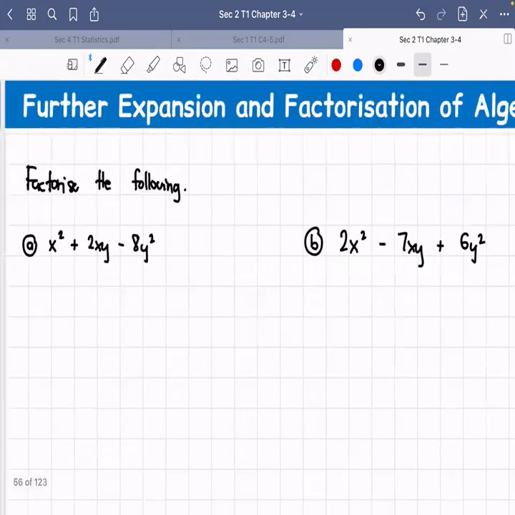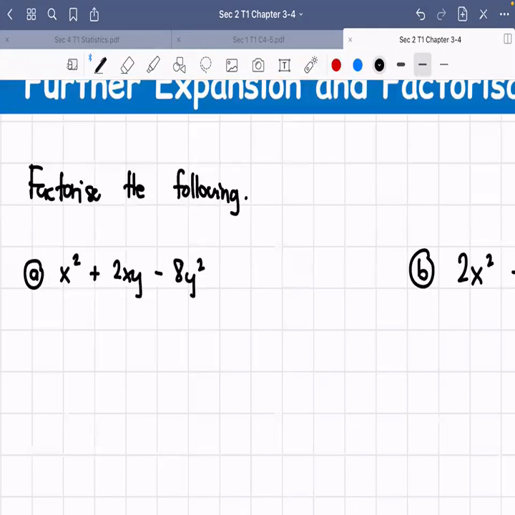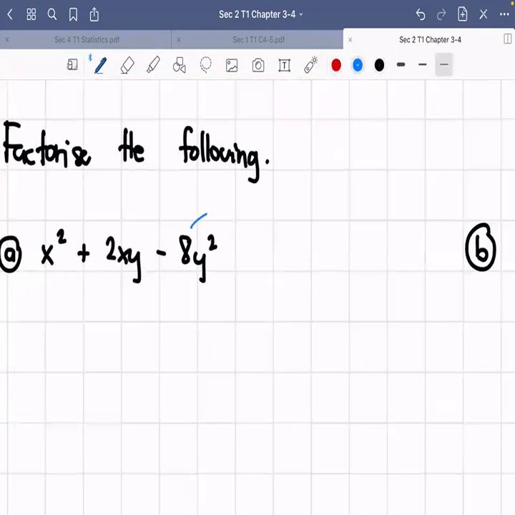Okay, so let's factorize the following. You still remember this? Again, in case you forgot, factors of -8 and then sum of +2. So what are the possible factors of -8, and their sum is +2? There's a lot, right?